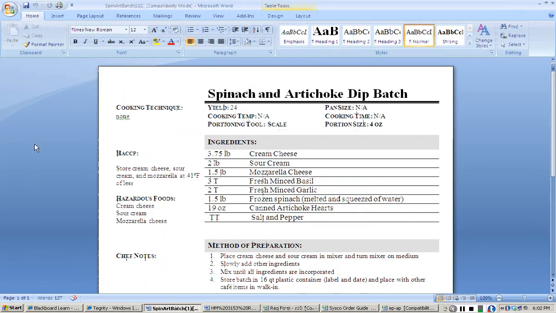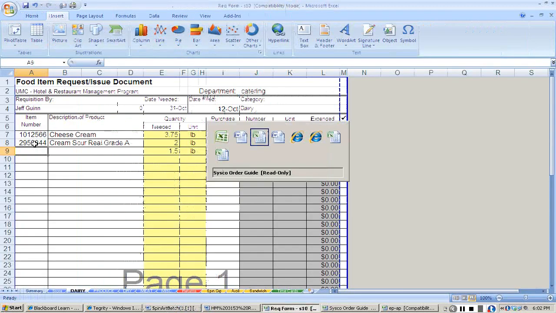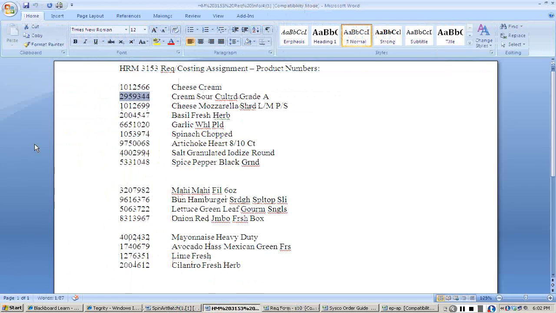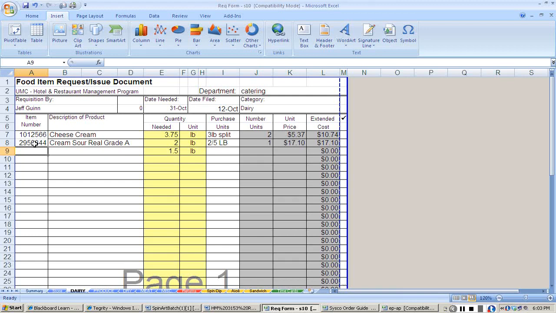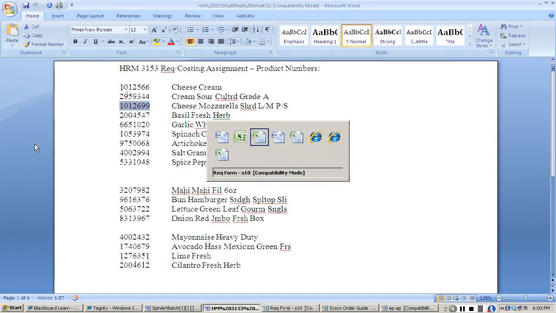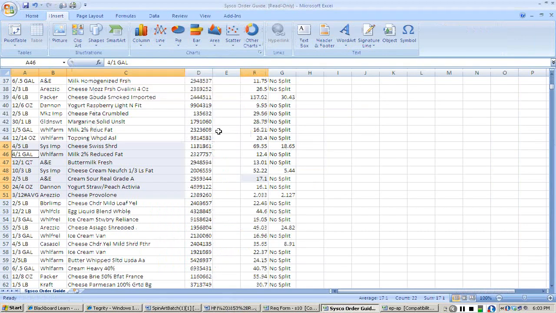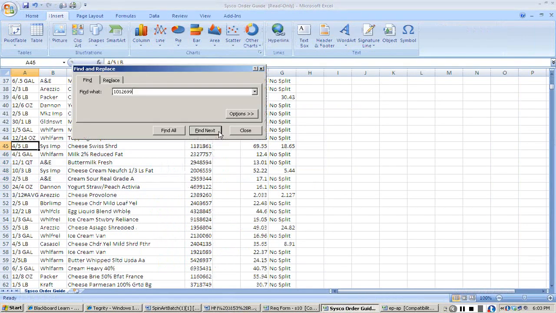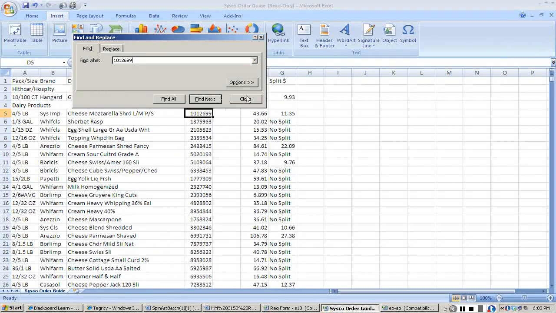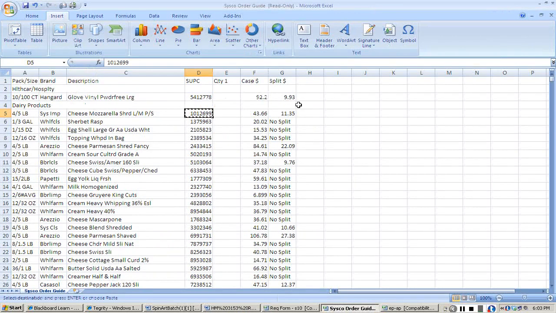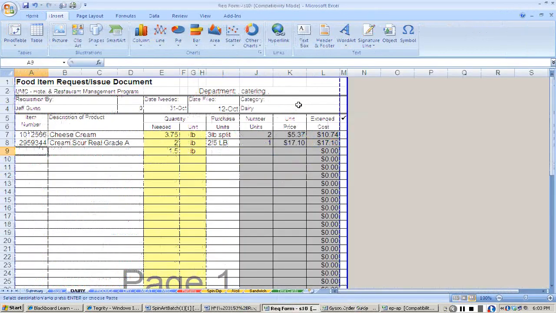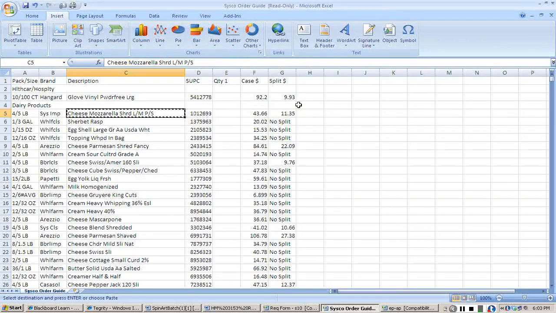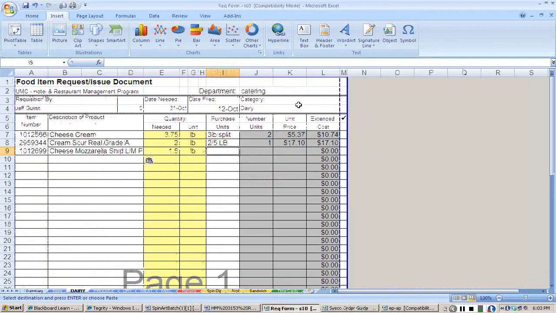Next up, I have 1.5 pounds mozzarella cheese. And I'm just copying and pasting, Control C, Control V. I need 1.5 pounds.